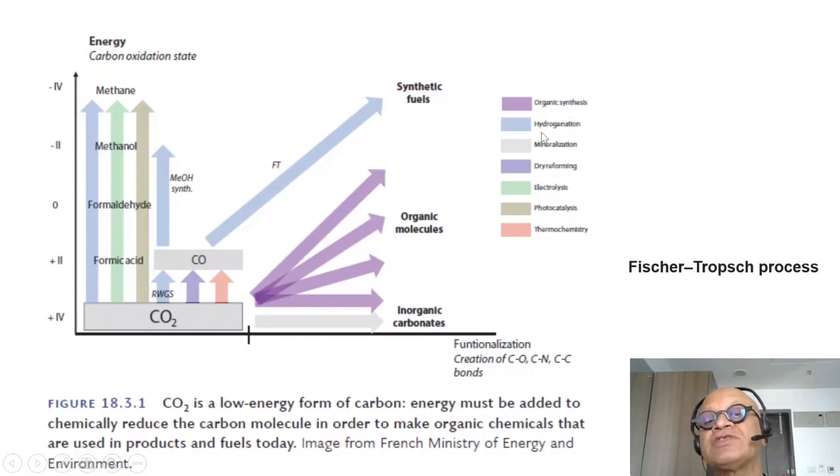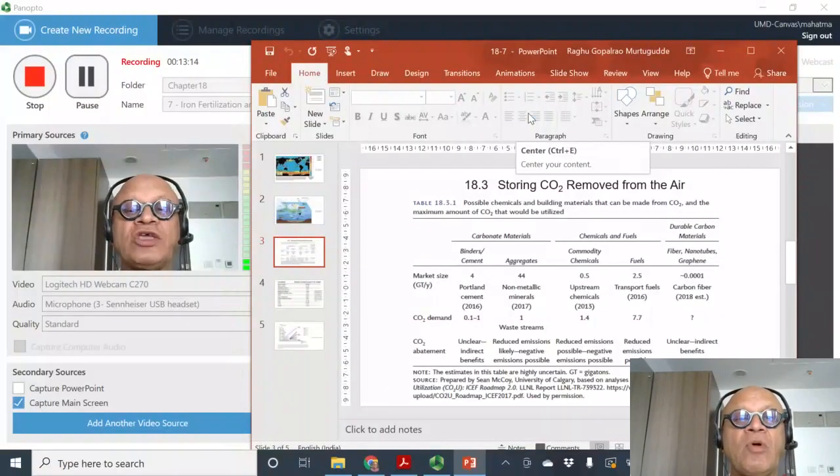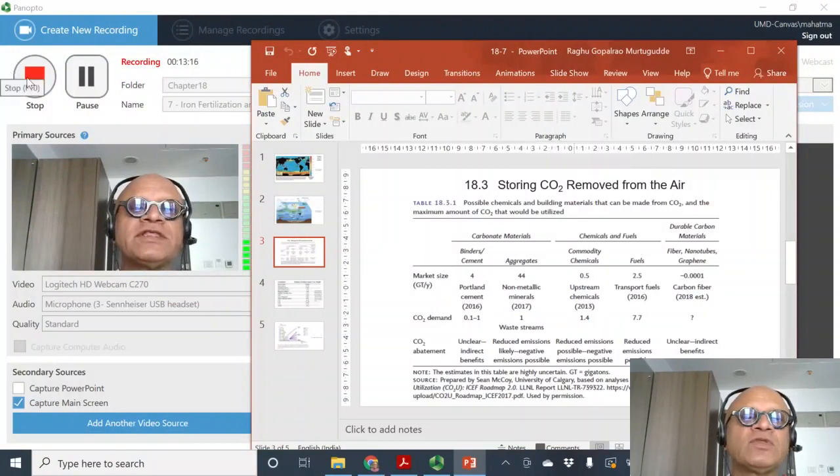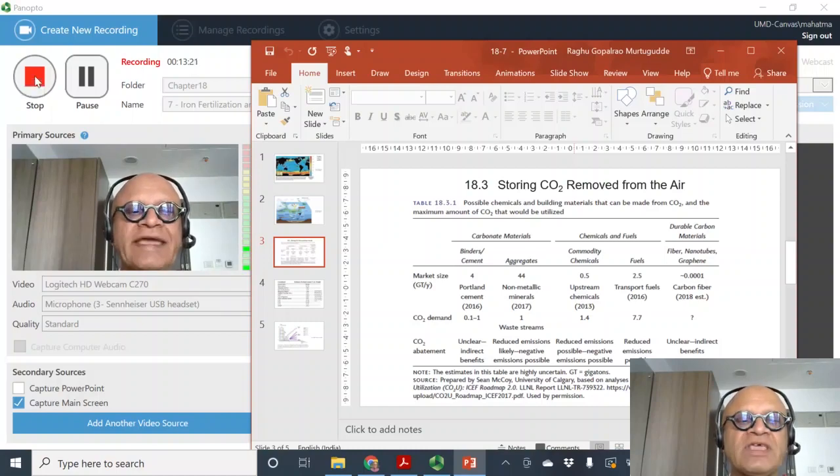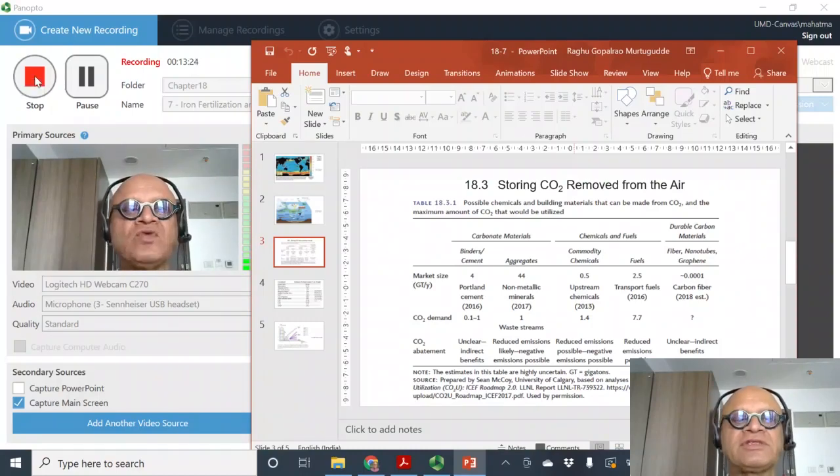So you can have organic synthesis, hydrogenation, mineralization, dry reforming, electrolysis, photocatalysis, and thermochemistry. Okay, so this is an indication of how CO2 utilization can also be done for producing fuels, synthetic fuels, and other organic molecules. Okay, so that's one way of hiding away the CO2 that's captured from the air. We will look at other examples soon.